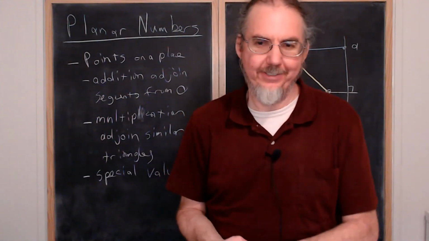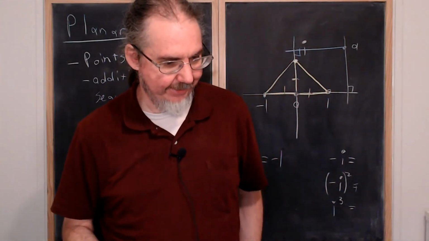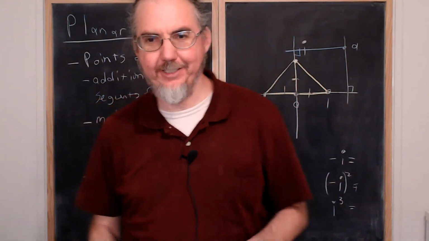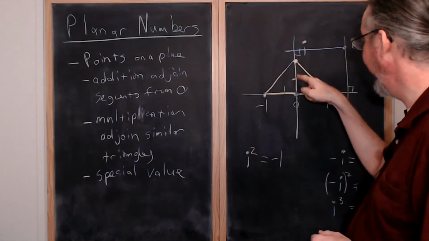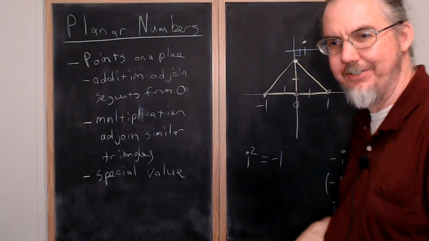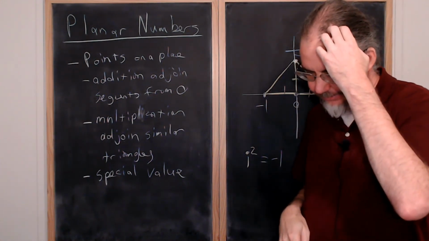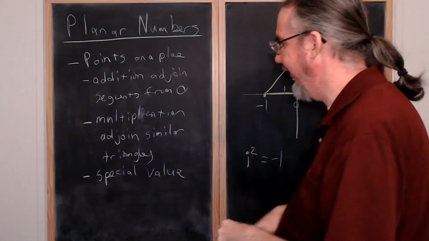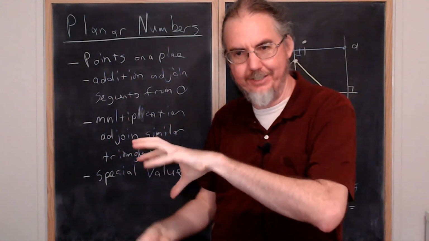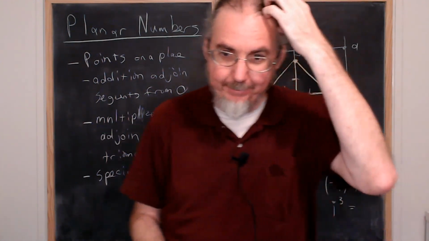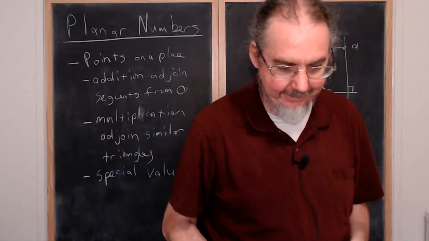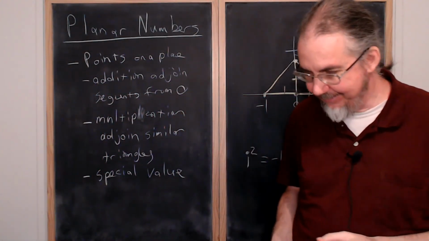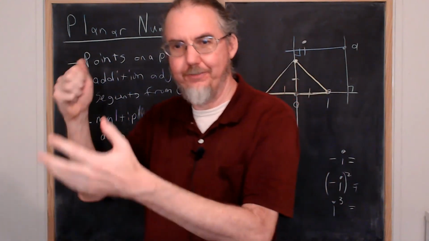I just want to talk a little bit about two things that this presentation naturally leads into. First of all, this identification of points with these triangles suggests that perhaps studying triangles and this multiplication of similar triangles and rotating them around might be useful. And in fact, that gives rise to the whole field of trigonometry.